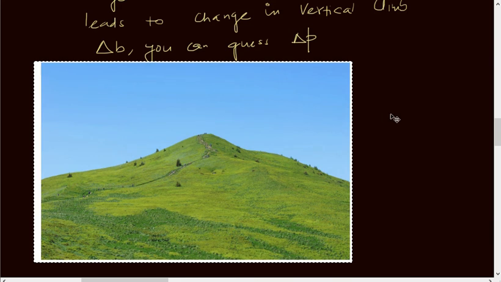So this is another hill, and here is the line going up almost.